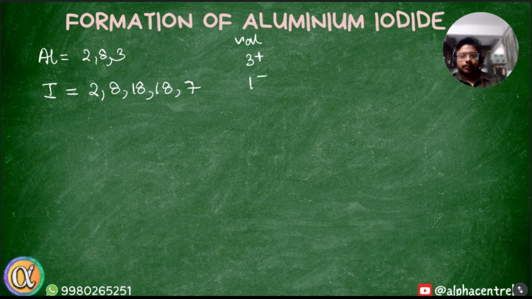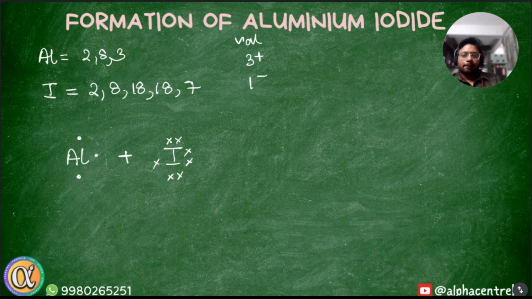So we draw the electron dot configuration of both the elements. Aluminium has 3 electrons in its outermost shell, and iodine has 7 electrons in its outermost shell.